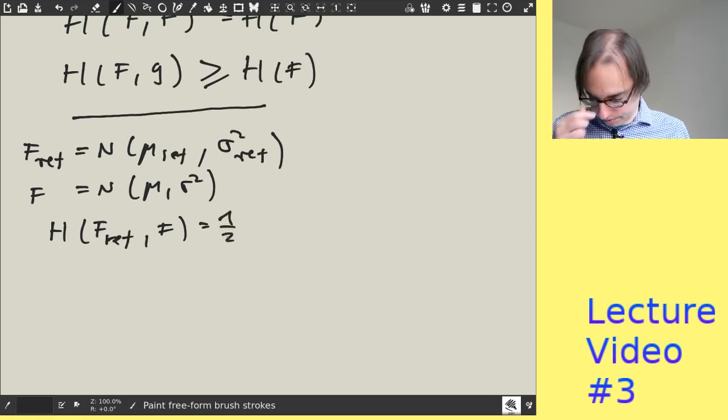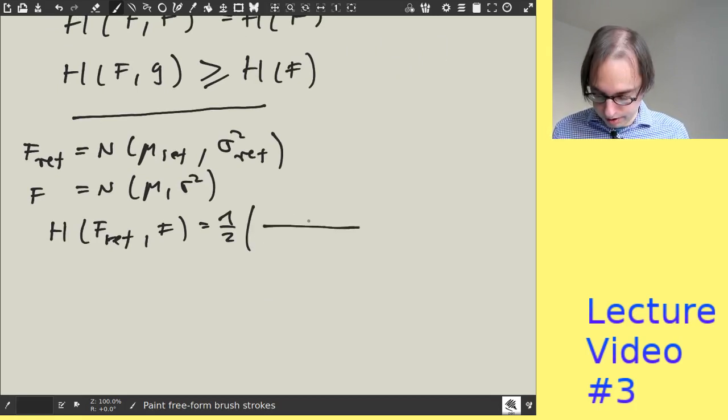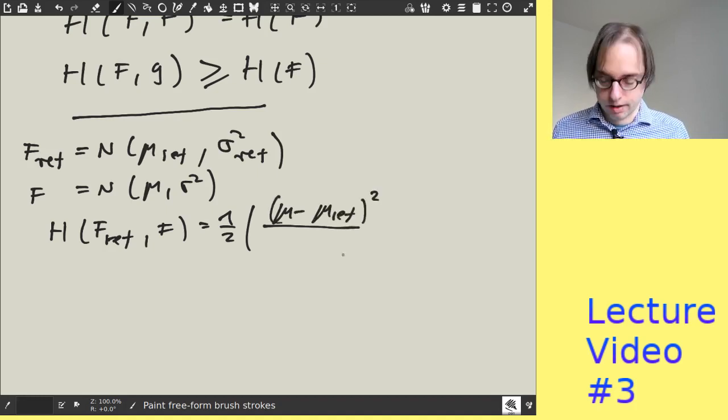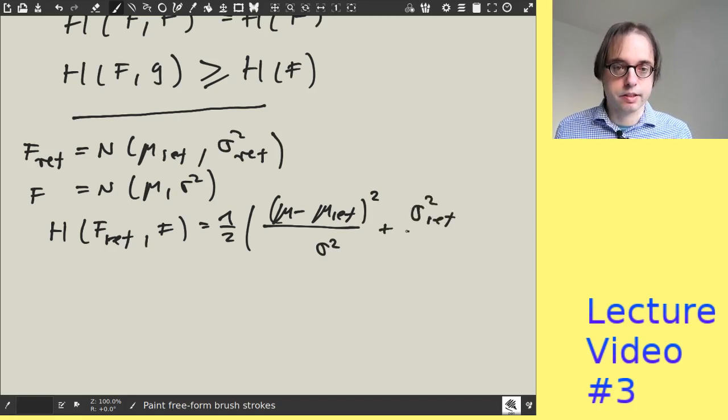It is 1/2 times several terms: you have mu minus mu ref, a squared distance difference, plus the ratio of the reference variance divided by the variance, plus log 2 pi sigma squared.